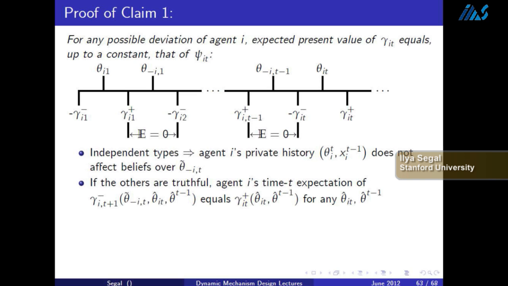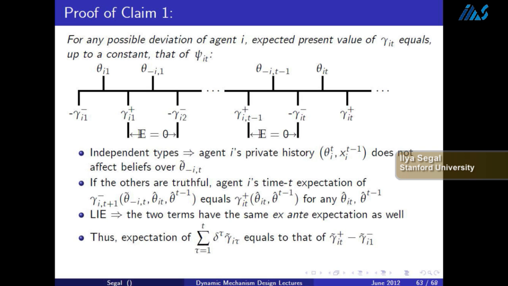So basically not everything cancels. If you go, for example, up to period t and stop, if you only had a finite number of periods, what would not cancel is the last term, gamma plus, and the first term, gamma minus. Just to make it simple, suppose you have a finite horizon. Then you would just have this difference between gamma plus t, which is the expectation taken in period t.